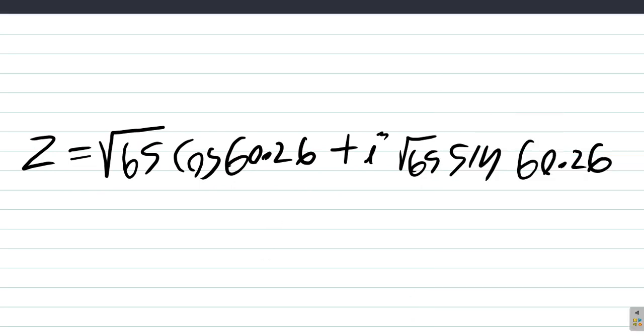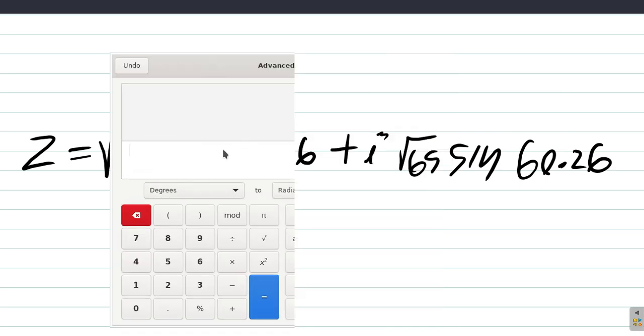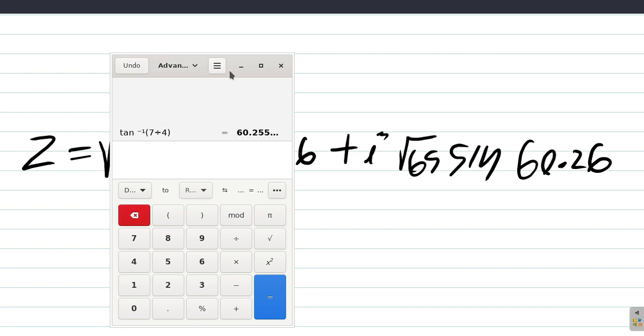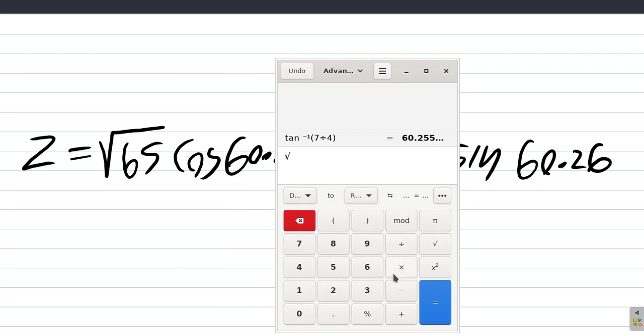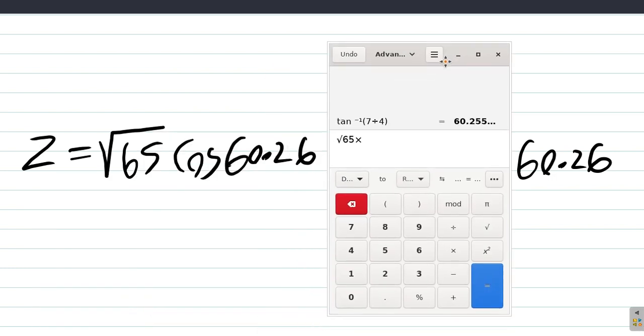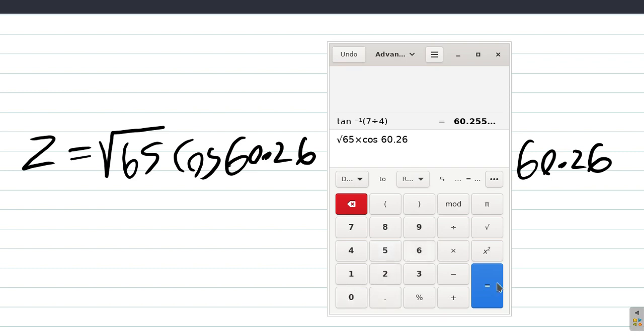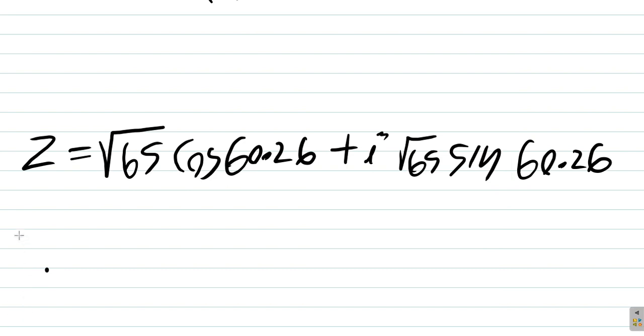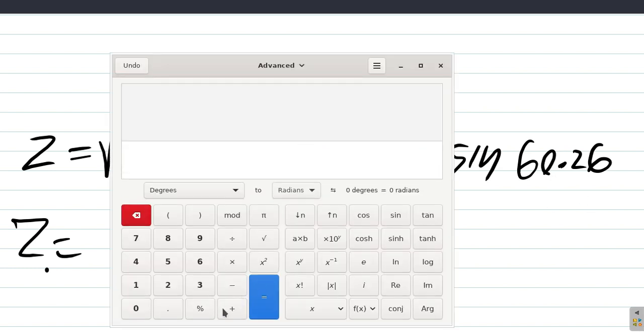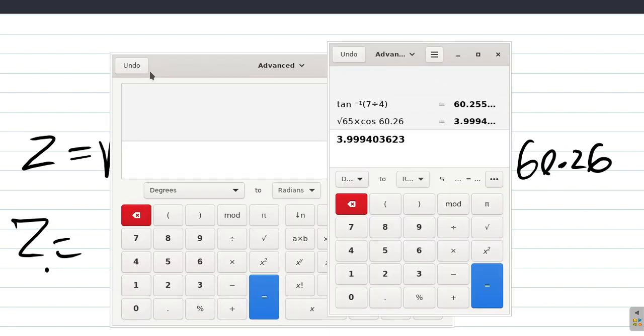Here's the calculator. So, what we have here is the square root of 65 multiplied by cos 60.26. So, we have the cosine of 60.26 equal 3.99999, call it 4. So z equal 4 plus what? We need to get back to our calculator and find square root of 65 sine 60.26 and see what we get.